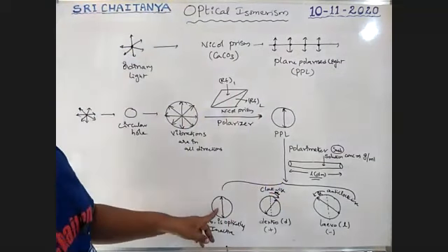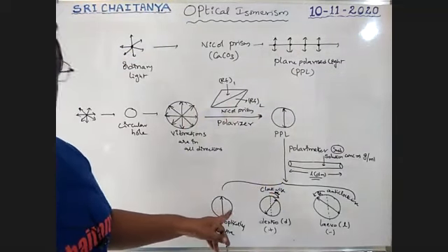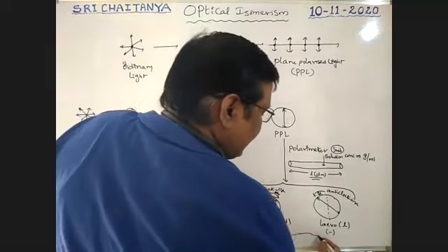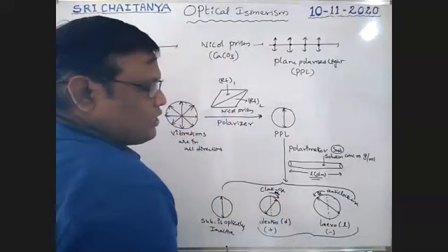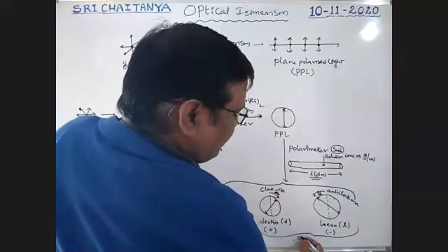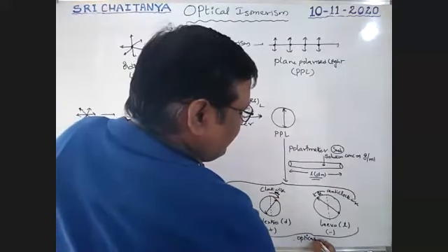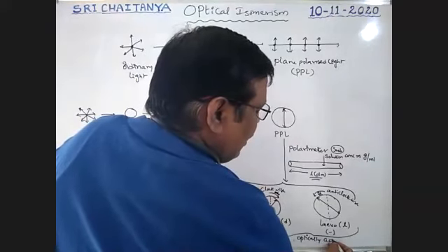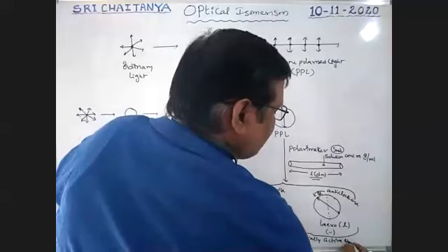If a substance gives no rotation, it is optically inactive. These two conditions, either clockwise or anti-clockwise rotation, are considered optically active, and the substance is considered an optically active substance.